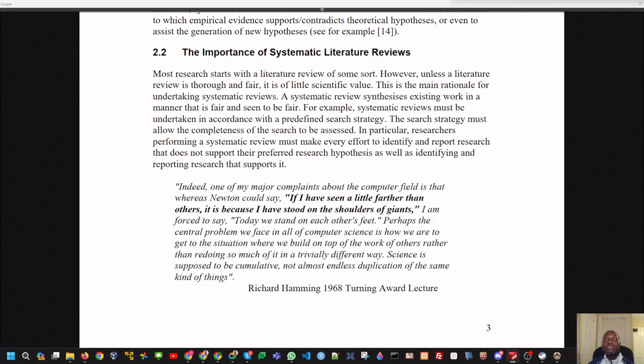Now, I don't want to look at a lot of theories. I might share this paper or give you a link to it. But let's look at key features of the review as specified by this guideline.